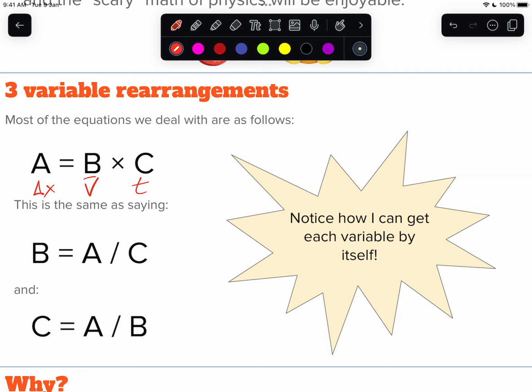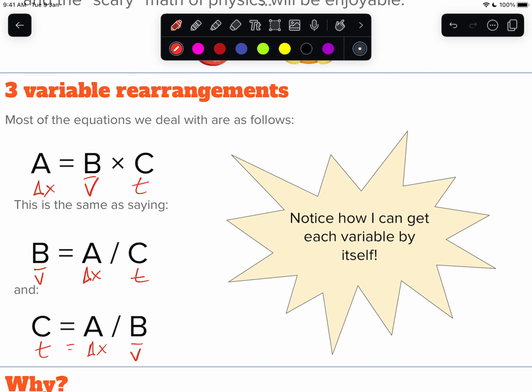Okay? Or I could have average velocity, change in position over time. Or I could have time is equal to change in position divided by the average velocity, right? And so these are the three main ones that you'll need to be able to do.